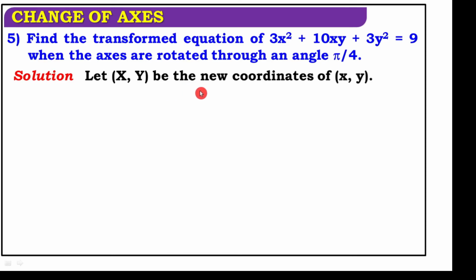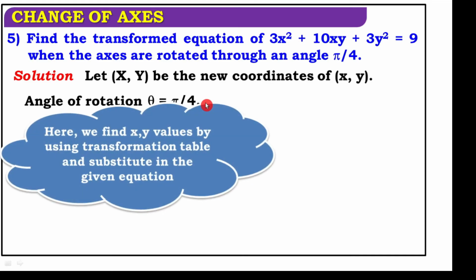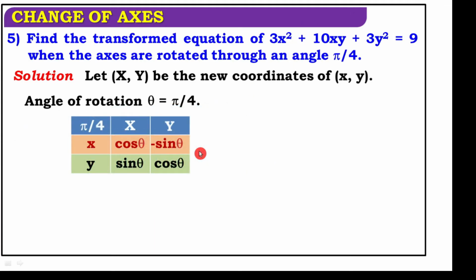Let capital X, Y be the new coordinates of small x, y. The angle of rotation theta is pi by 4. We find the small x, y values by using the transformation table and substitute in the given equation. So this is our transformation table, with theta = pi by 4.